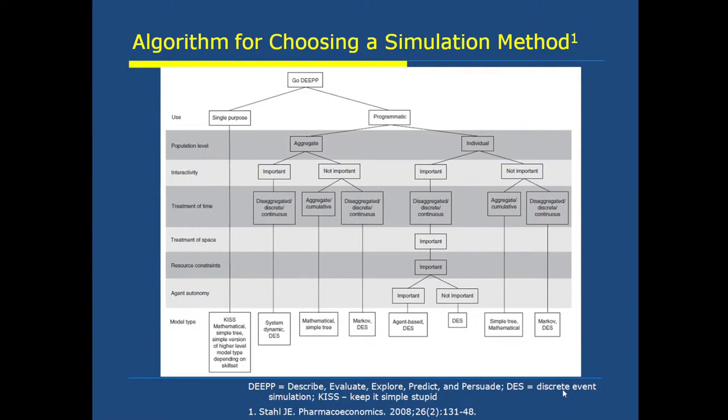Then agent autonomy. And the bottom level is the result of the different methods of simulation. So according to the answers, we can choose the appropriate simulation method.